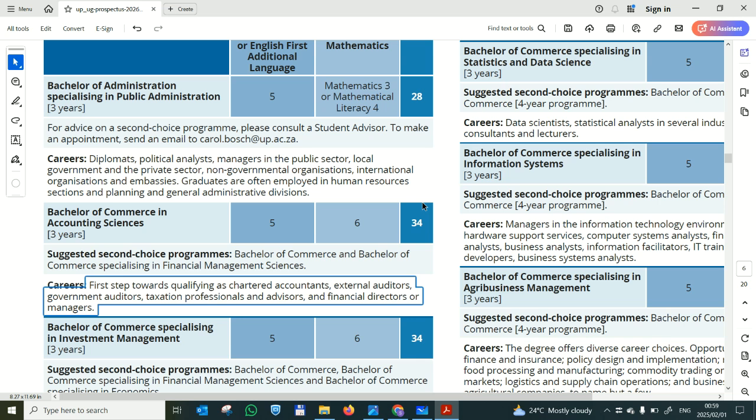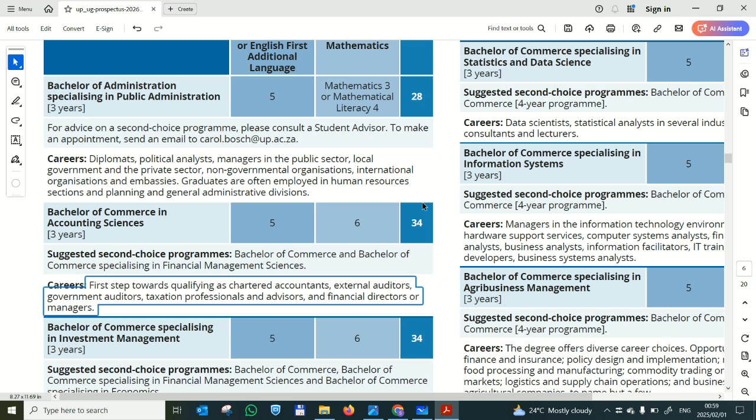If you do this qualification, it's your first step towards qualifying as a chartered accountant, external auditors, government auditors, taxation professionals, and advisors, and financial directors or managers. This is just a summary. It's not all that you can achieve, but it gives you an idea of the careers that you can achieve with these qualifications, which are below.